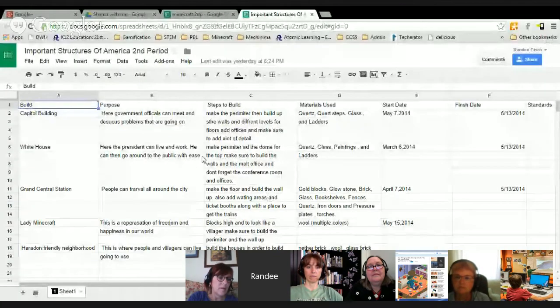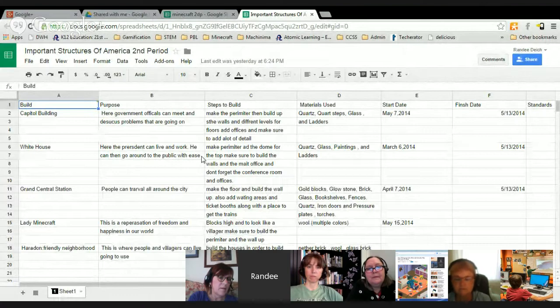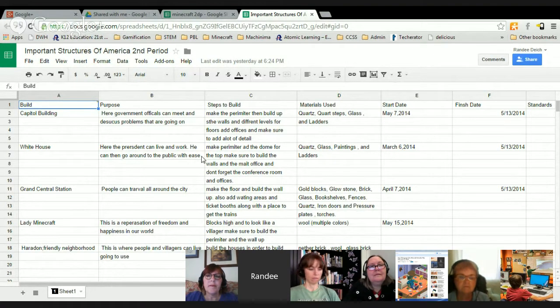I don't know if you can see this, but they put together what they were building, the purposes, the steps, materials, who was responsible, and their start and end dates. I asked them what they were studying in their social studies class, and they brought it to me. When they talk about the purpose, they added the standards.